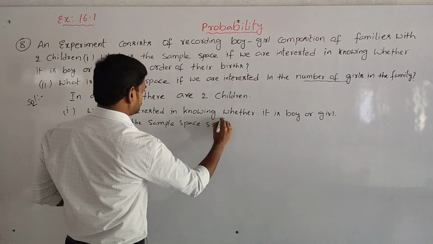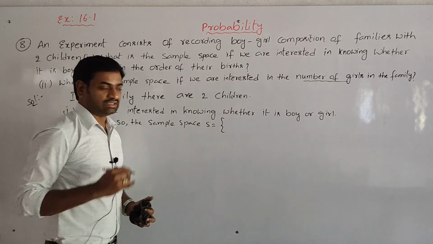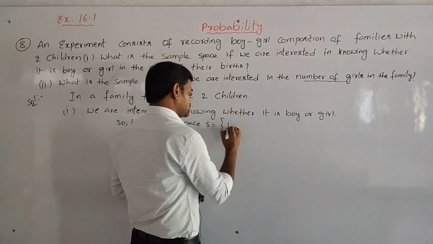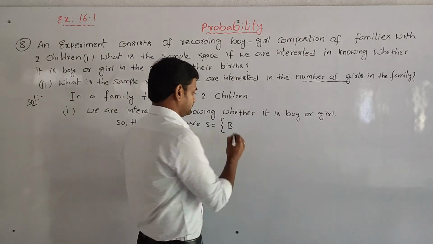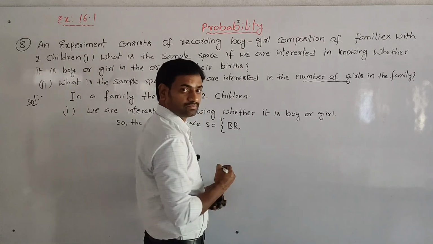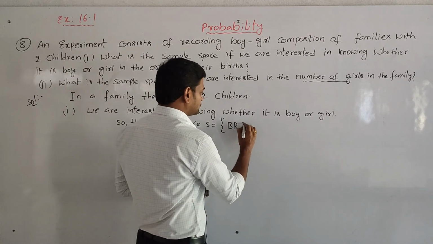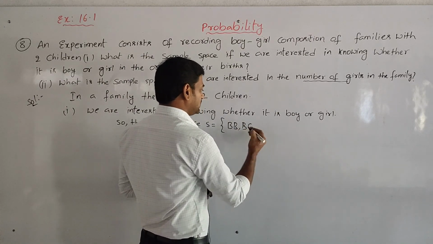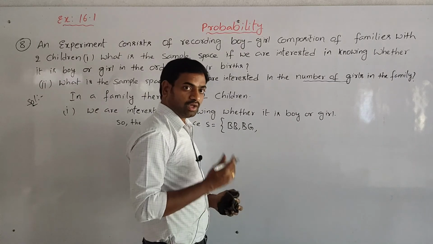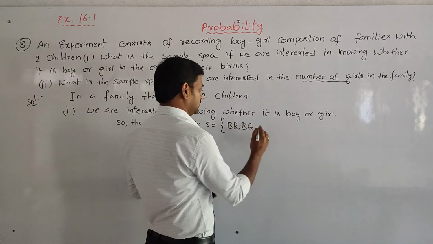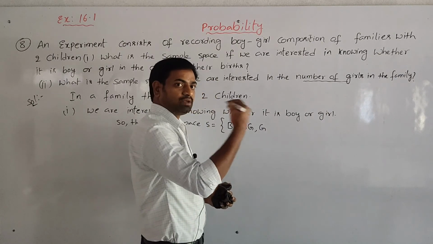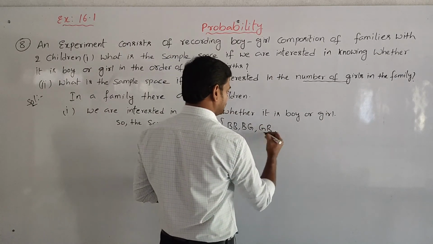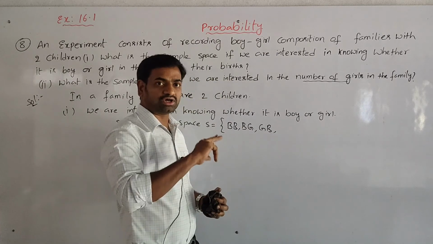S equal to what you can write. Suppose first one is a boy, second one also boy, it is one possibility. Or if first one is boy, next one may be girl. Or first is girl, next one may be boy. Or both are girls.